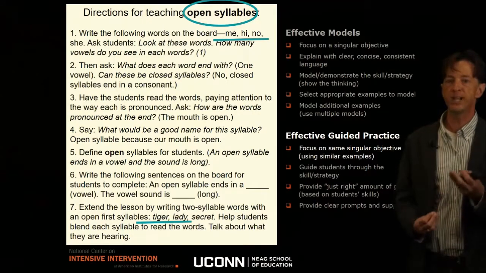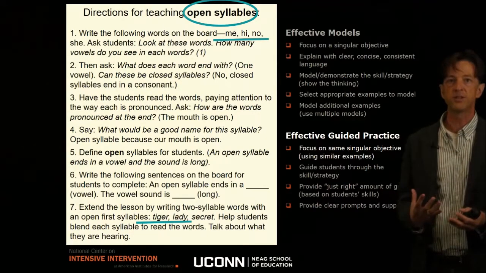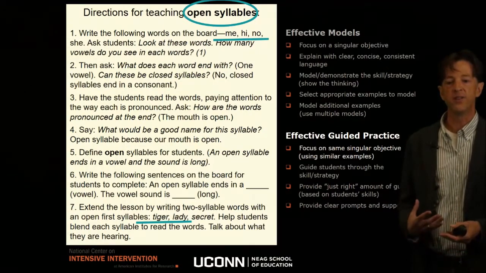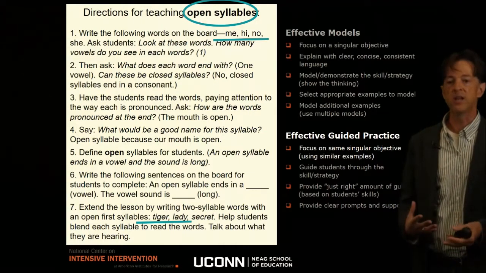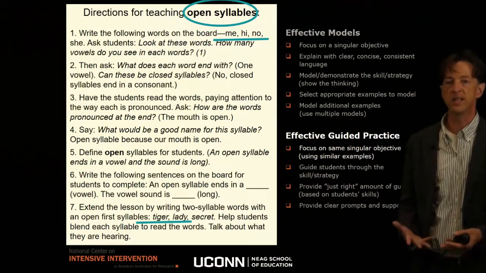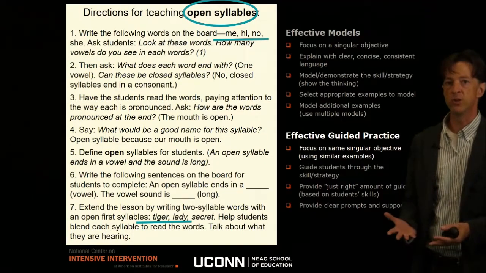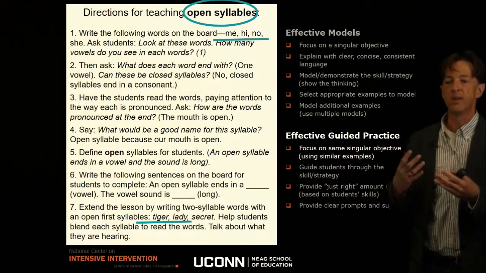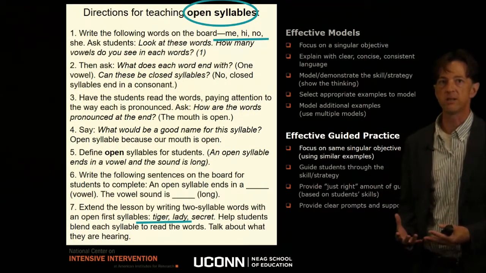So there's a mismatch between the examples and the objective that the lesson starts with, and the skill that the students are supposed to be practicing at the end. This is a really good non-example of consistency between the introduction, the modeling, and then the practice.